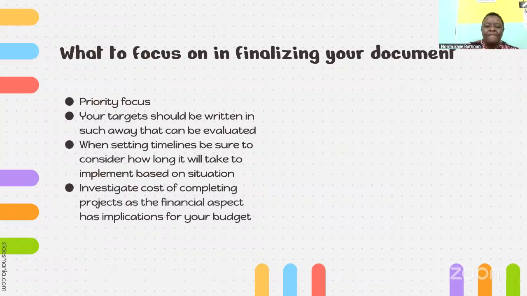Next, investigate the cost of completing projects as a financial aspect. This has implications for your budget. Now remember that there were three critical things that you would submit before you do your implementation and monitoring plan. Now, from your SIP, your school budget will be set.